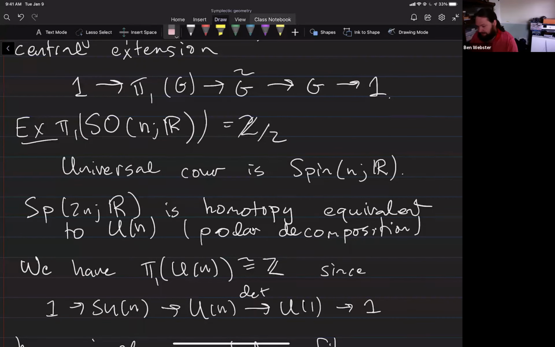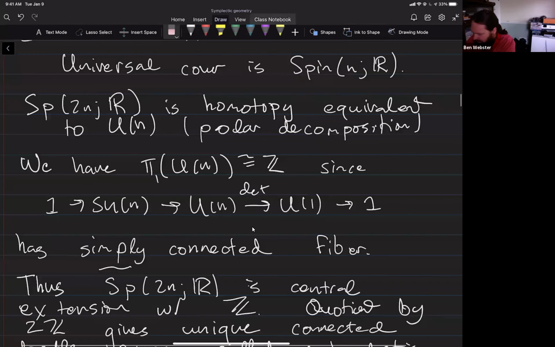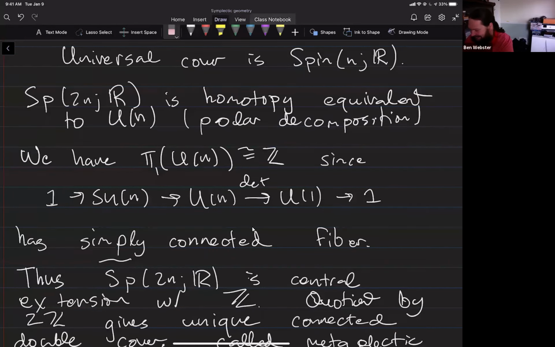When it's set up this way, that's actually true. I'm worried, is that true in general? I should be worried about pi_2 or something, but it doesn't matter. Okay, anyway, it's true that U(n) has fundamental group Z, and the way you detect what class in Z you have is you take the determinant and look at the winding number around the circle.